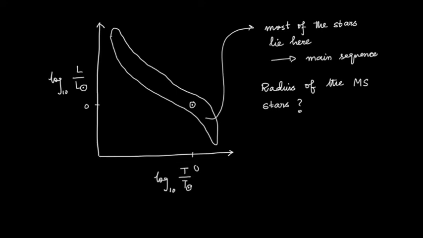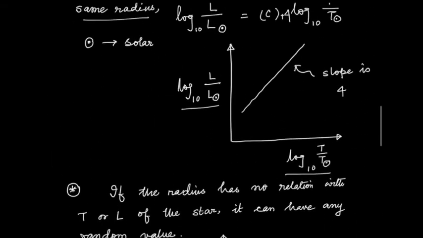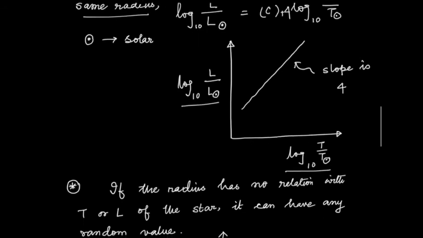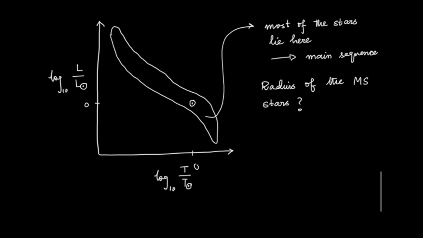As you can see, the slope changes at different places, unlike the constant slope in that case. So we conclude that the radius is not constant.